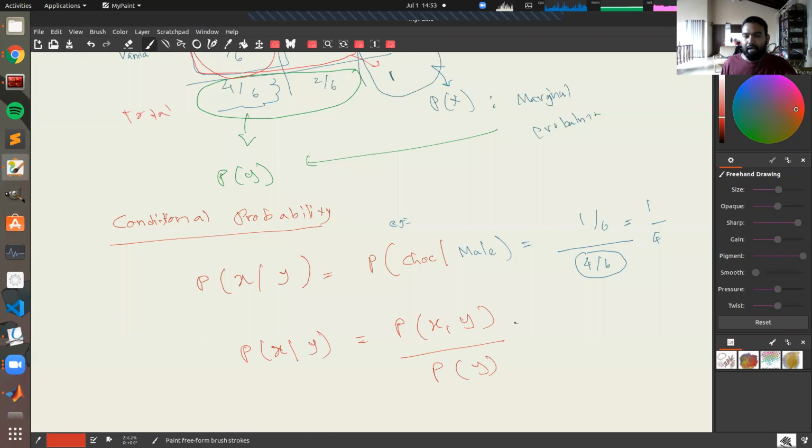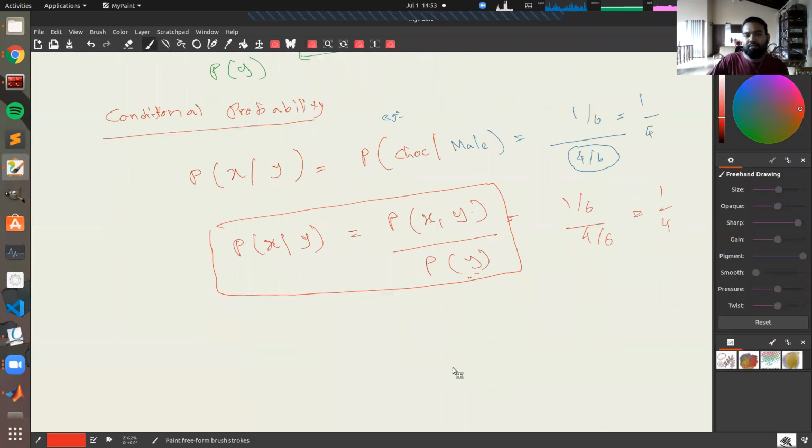We can plug in the same values: the probability of it being chocolate and male is 1/6, the total probability of it being male is 4/6, and you get 1/4. This is the equation for conditional probability, which all of you must have seen before.